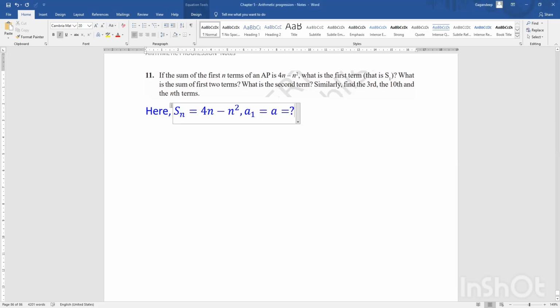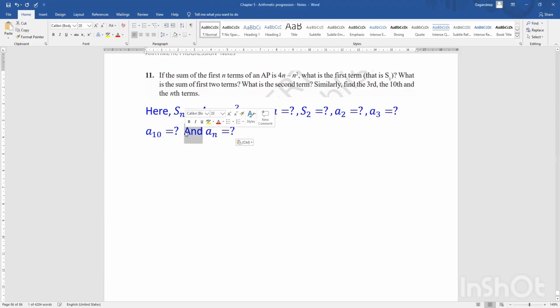Then I need to find out S2, that is sum of first two terms, and then the second term, that is a2. Then I also need to find out a3. Also, we have to find out a10. And finally, we have to find out an.